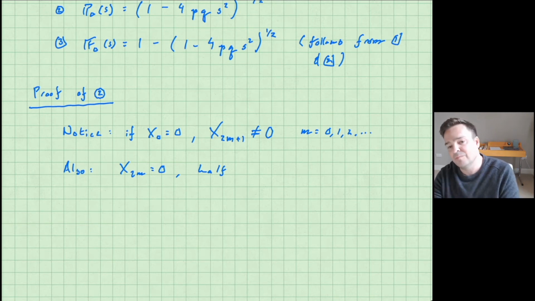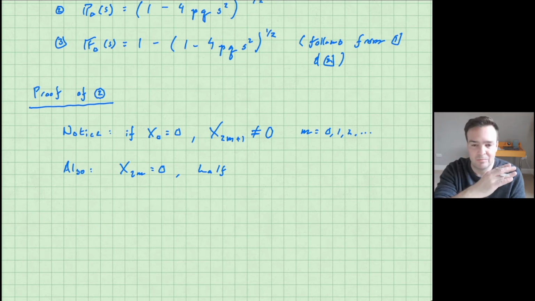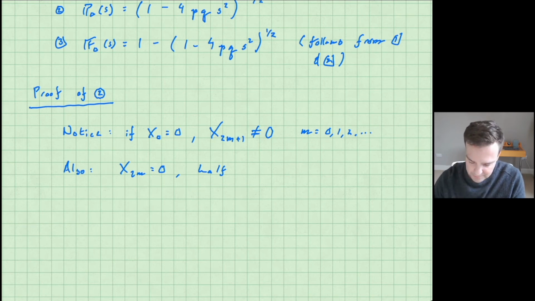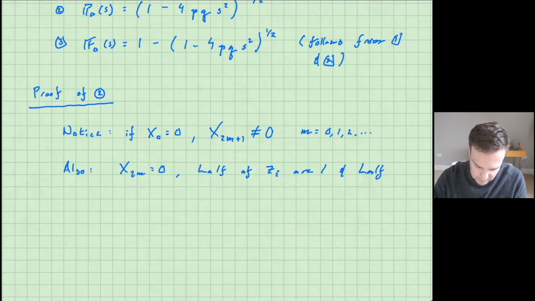In other words, half of the steps went to the right and half went to the left on the directed graph. So half of these z sub i's are 1 and half are minus 1.